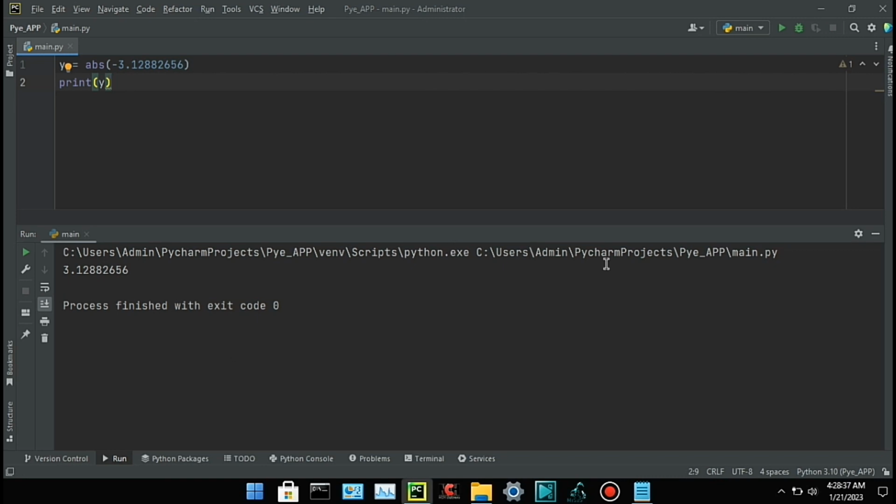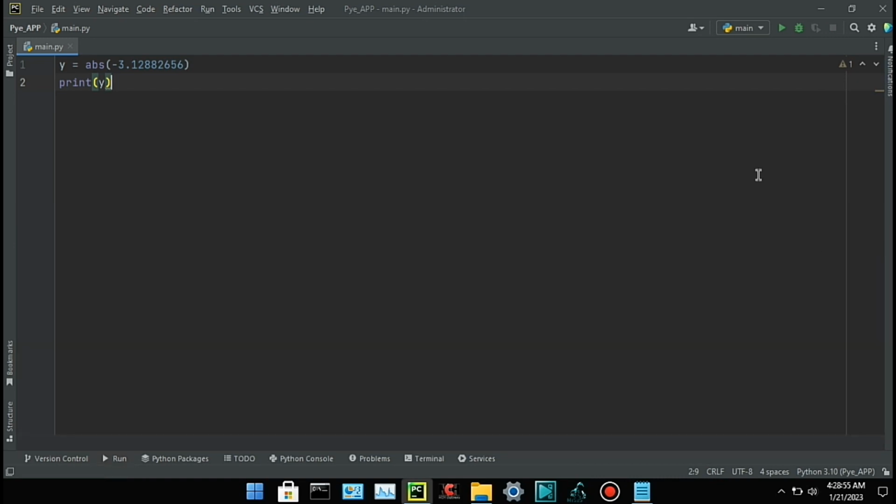Next we are going to see how we can get the quotient and the remainder of numbers. The divmod function takes two numbers and returns a pair of numbers that consist of their quotient and their remainder. Let's look at an example.